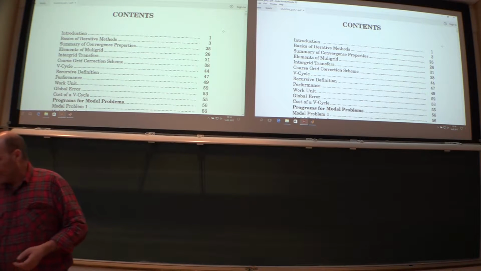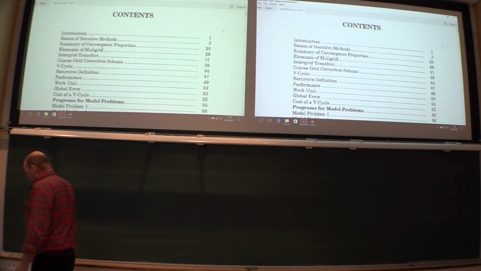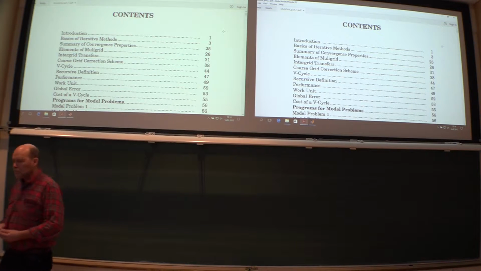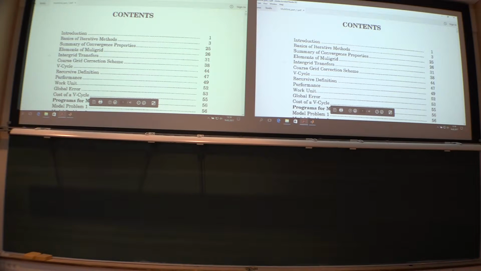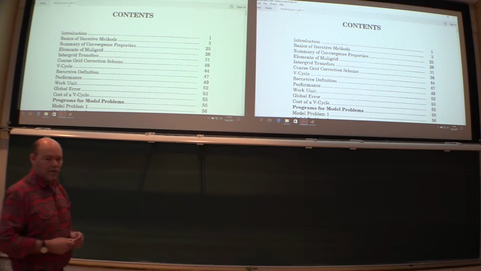Okay, then we start with today's topic, multigrid. What I'm going through now is multigrid part 1, 2, and 3, the appendix that you have been given in the material.